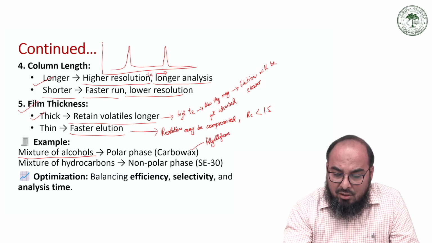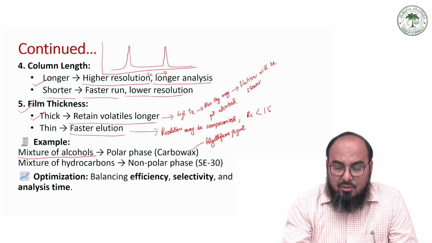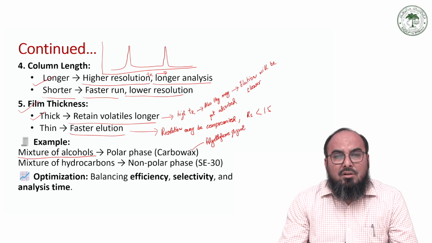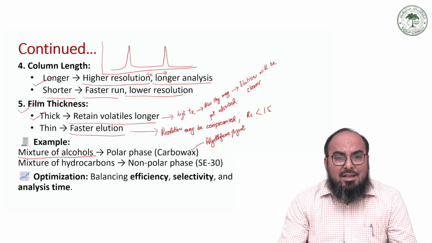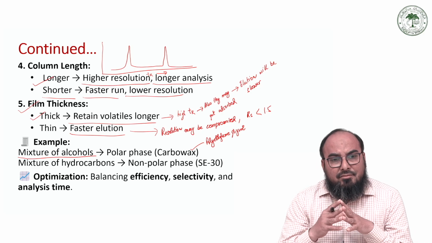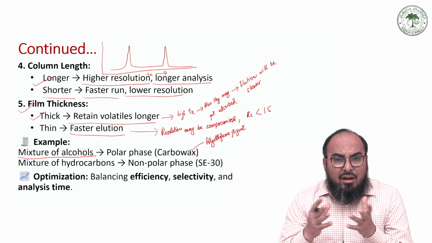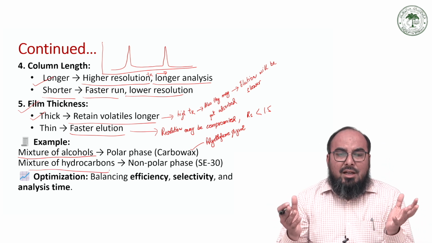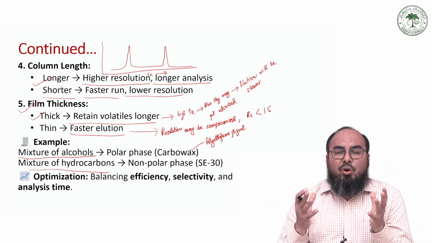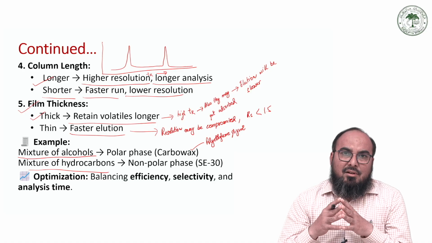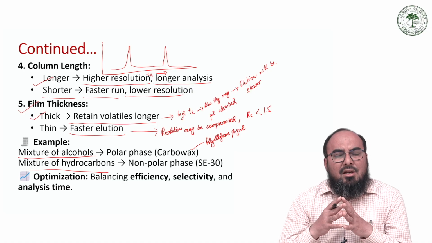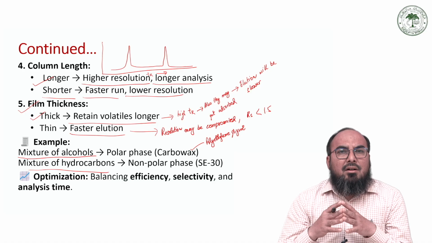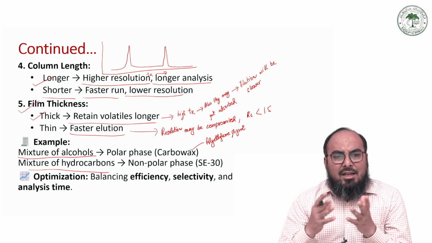You have to choose a polar phase. Similarly, if you have a mixture of hydrocarbons that are non-polar, then you have to look for some non-polar stationary phase. And we have already discussed this, polydimethylsiloxane is an example.